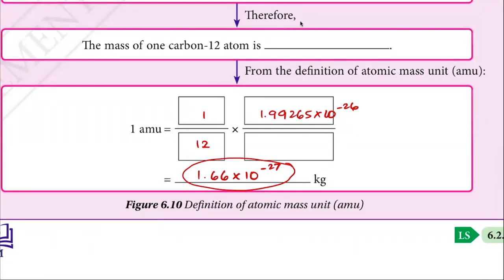So when converting the mass into kilogram to be substituted into the equation, the units must be in kilogram. We have to use SI unit. So convert AMU into kilogram by multiplying with this number, 1.66 times 10 to the power of negative 27.